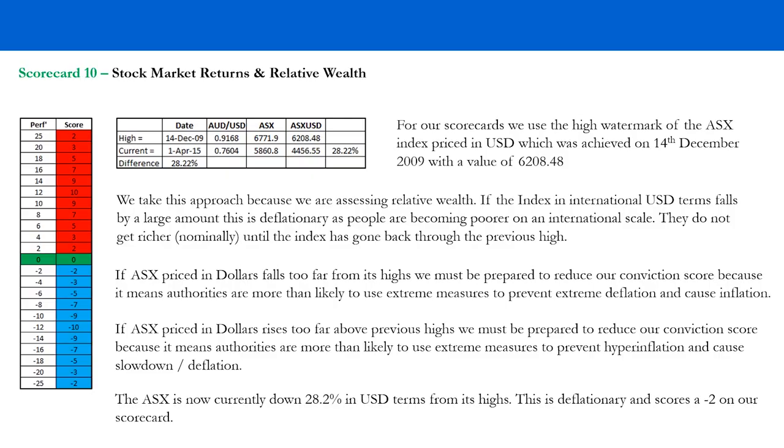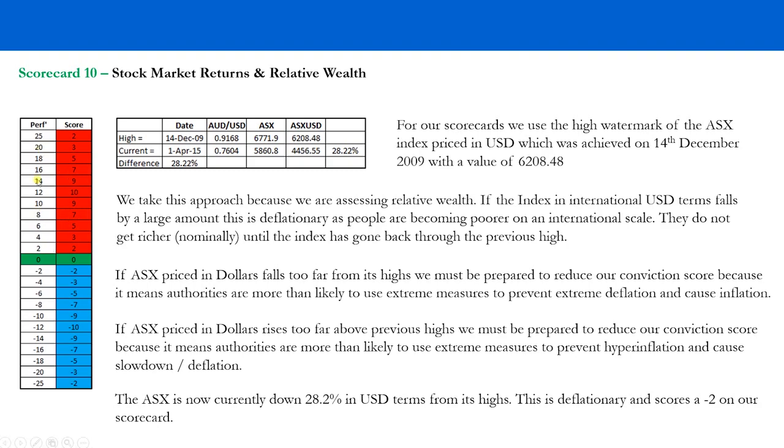So if the ASX in this example priced in US dollars falls too far from its highs, we've got to be prepared as traders to reduce our conviction score because it means authorities are more than likely to use extreme measures to prevent extreme deflation and try to cause or spur inflation.